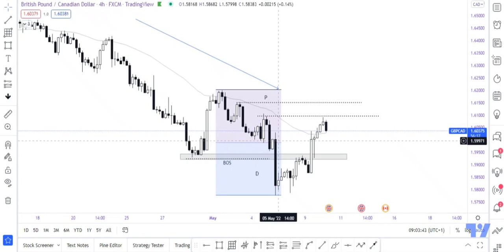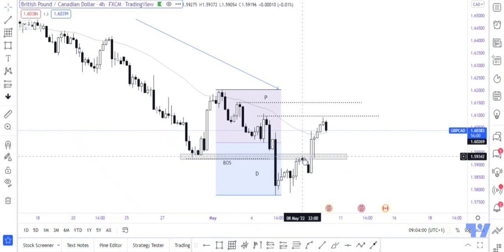If you look to take a buy trade, you wait for price to get to discount. But if you're taking a sell in discount, you are likely to get stopped out.